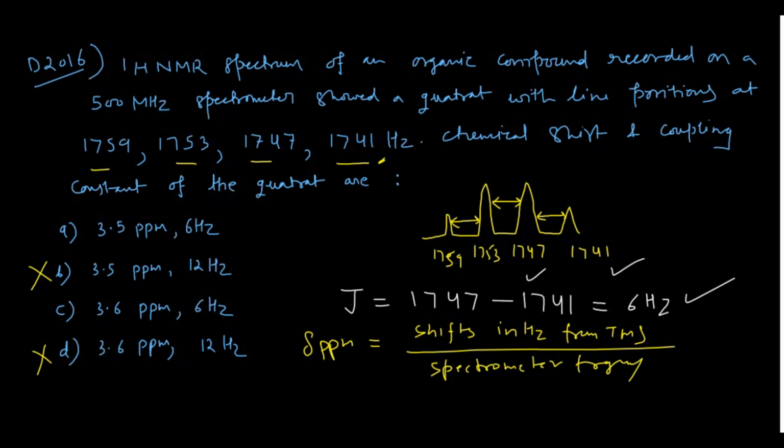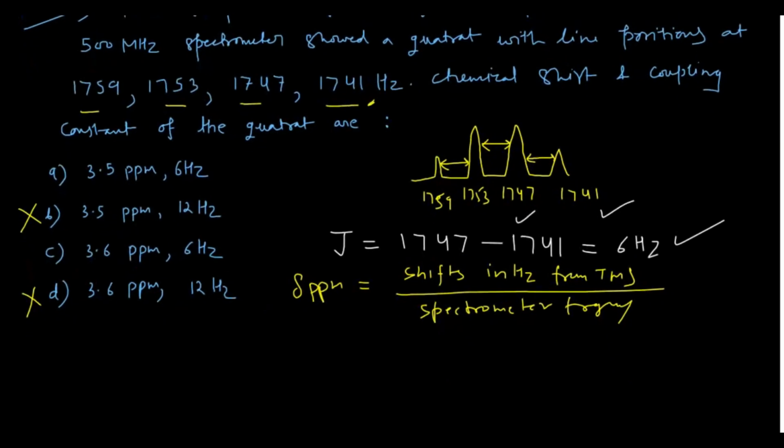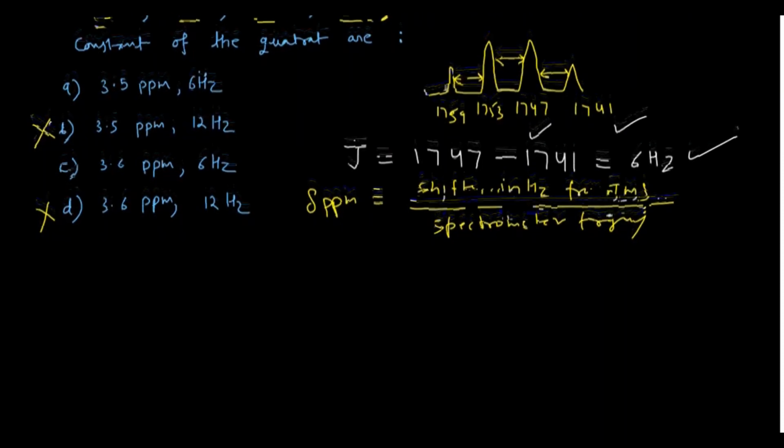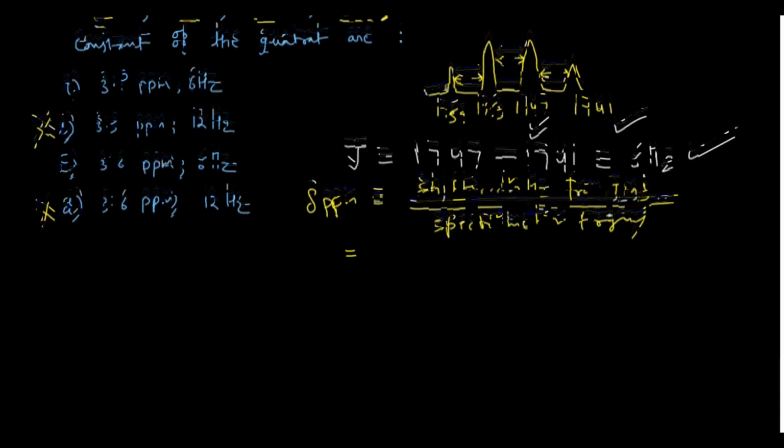Now you can see how we can solve this one. So I can shift this a little bit up. The screen is a little bit distorted, but it will come back to the normal position. Shift in hertz: we have been given the 4 different shifts, right?